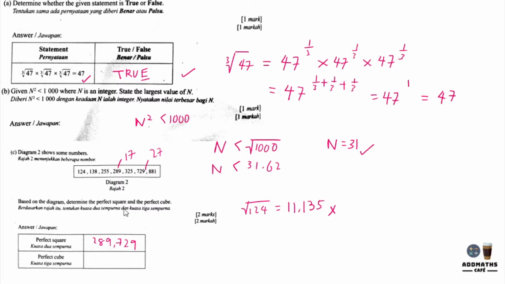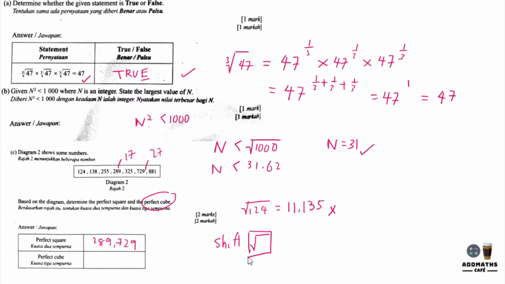Now, let's look at the perfect cube. How to find a perfect cube? Just press Shift with the square root button, the cube root button. It will give you the cube root of 124, and you'll get a decimal. Shift cube root of 138, you will get a decimal answer. Cube root of 255, you will get 6.34, it's not correct.